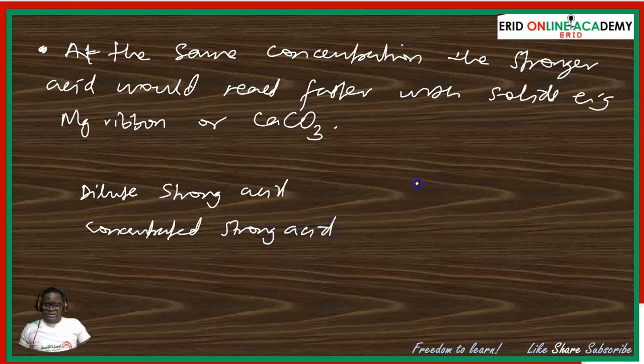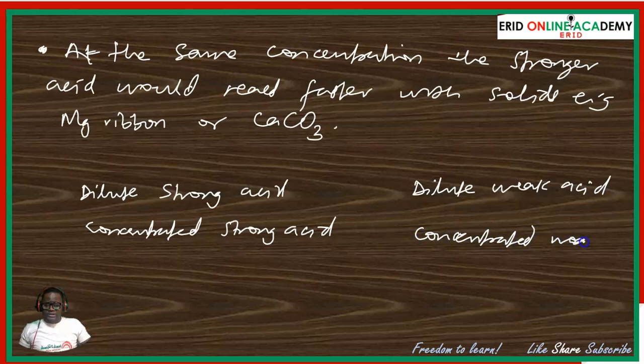In the same vein, it is possible to have dilute weak acid and concentrated weak acid. So strength and concentration differ, but largely a strong acid is a strong acid irrespective of the amount present in a solution. A weak acid is a weak acid irrespective of the amount present in solution. So the fact that a weak acid is concentrated does not make it become a strong acid.